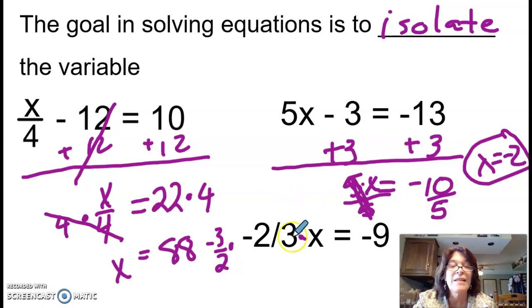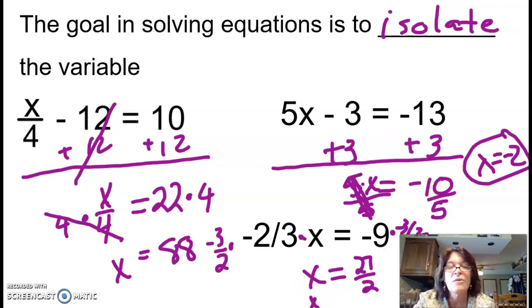Okay, I don't like to divide by a fraction. So I'm going to multiply by the reciprocal. I'm going to multiply by negative 3/2. That gives me 6 over 6. Well, that's 1. So that gives me 1x. I multiply my numerators. I get 27 over 2.